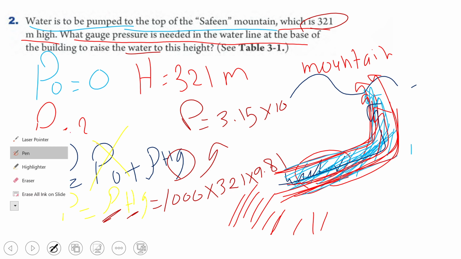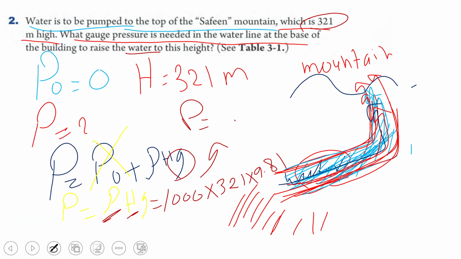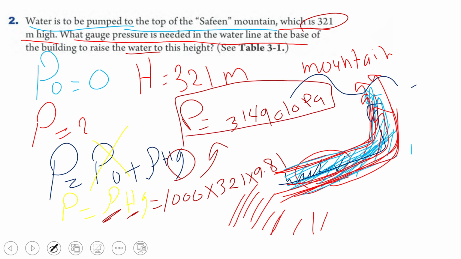The last answer is 3.14 times 10 to the 6 Pascal. So by this value we can apply pressure to move the water to the top of the mountain.